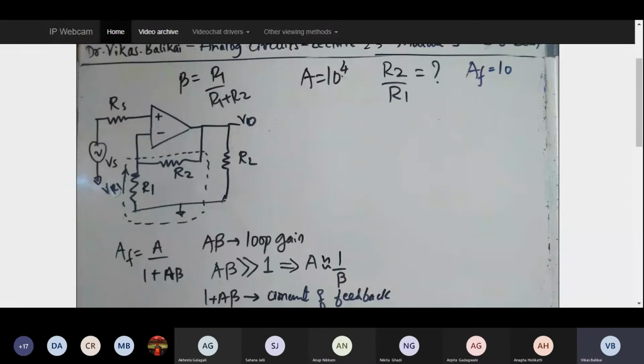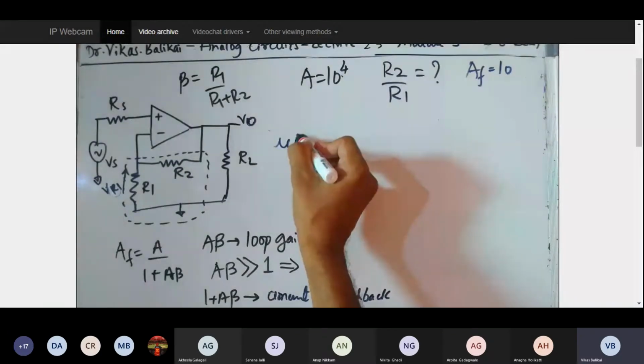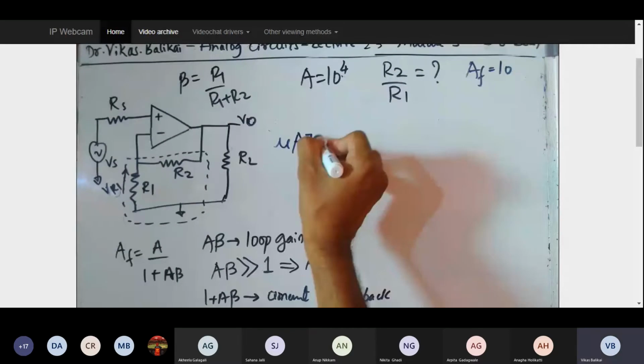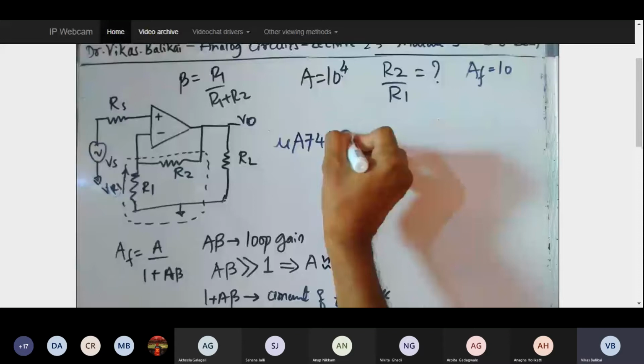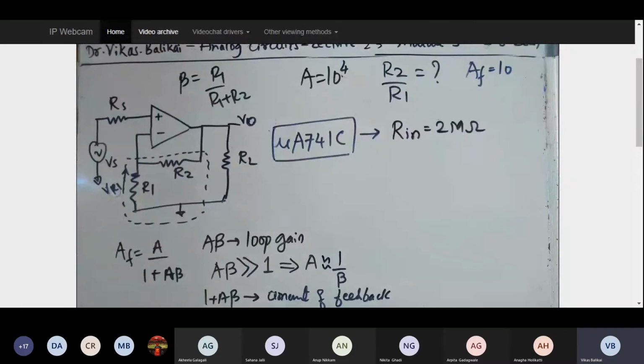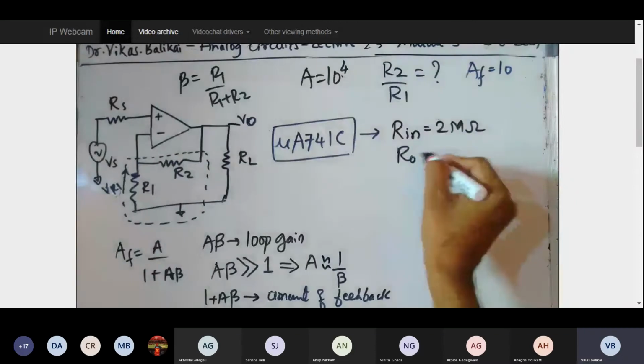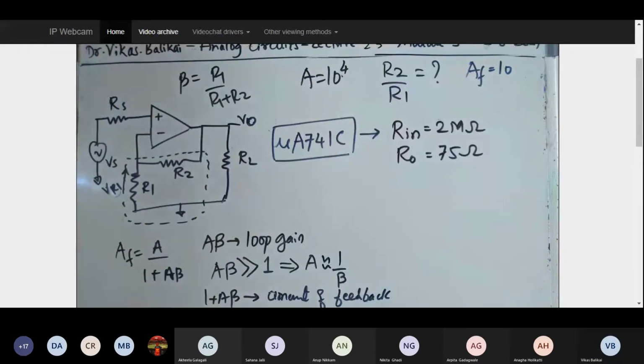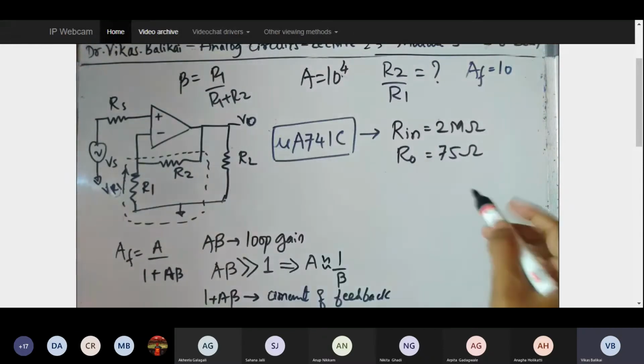Because in the question it was clearly mentioned that the IC was mu A741C. So for op amp mu A741C, Rin will be 2 mega ohm. You should remember this. Rout should be 75 ohms. And the gain A will be 2 into 10 raised to 5.